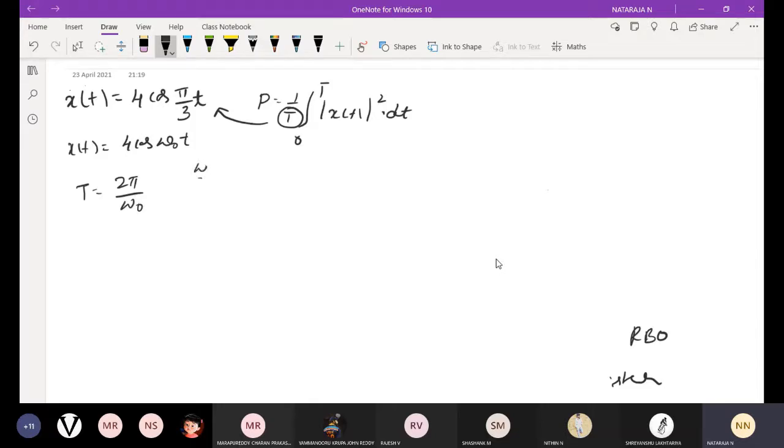What is omega naught? Omega naught is equal to pi by 3, by comparing the standard equation and the given equation. Then you can substitute T is equal to 2 pi by pi by 3. Then T is equal to 2 pi into 3 by pi. Pi gets cancelled, and T is equal to 6.